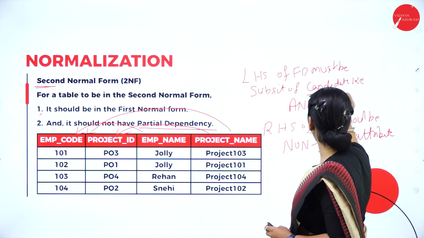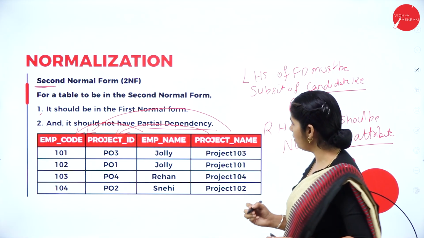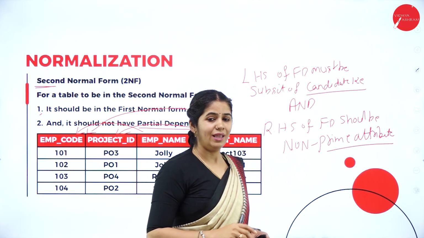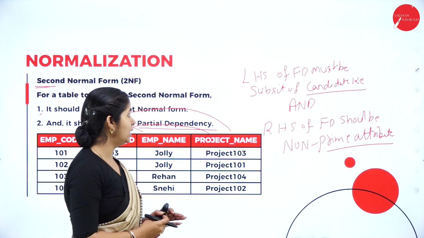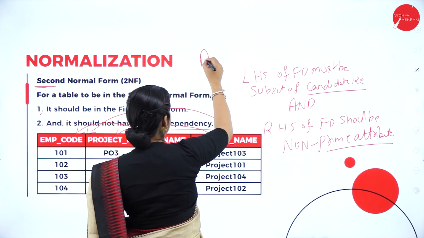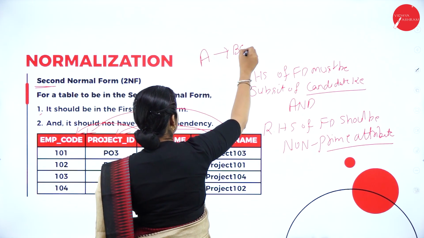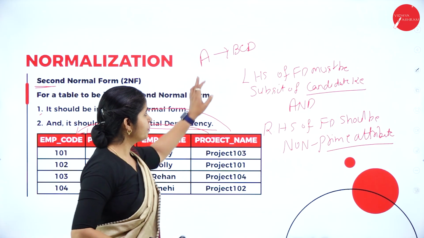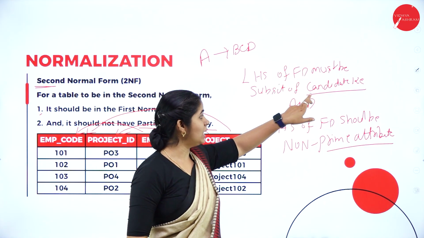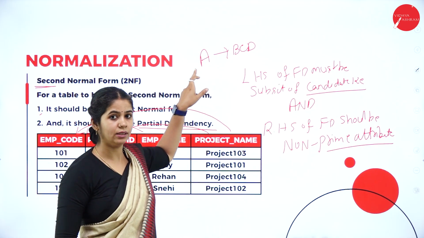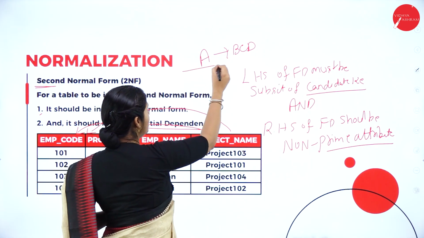So what is this candidate key and what is this prime attribute? There is a condition to check partial dependency. This is a functional dependency. A determines B, C and D. Okay, left hand side of the functional dependency must be a subset of candidate key. This should be what?